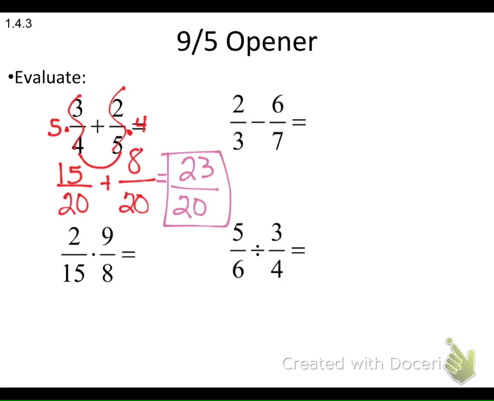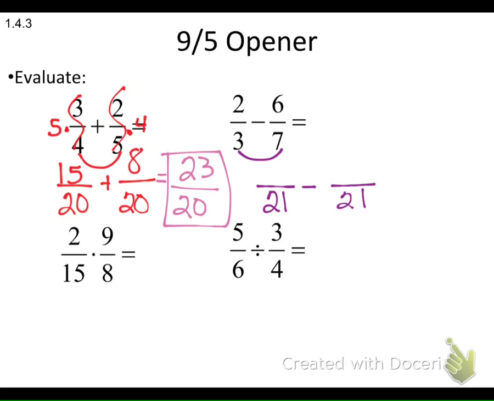Can somebody help her? Jalen? How can I get these numbers to be the same? Multiply them together. Or you can find the least common multiple using your multiplication chart. So if I take 3 times 7, what do I get? 21.